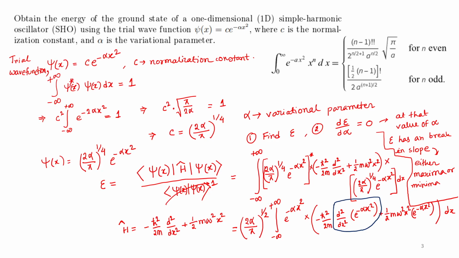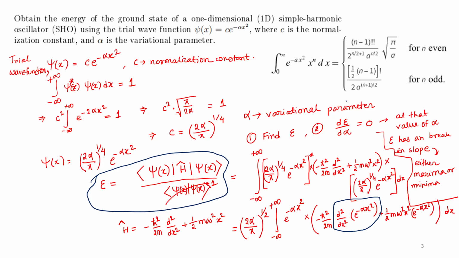So for that, you always need to find this energy. And the second part is, you change your variational parameters to see where the slope of this functional, or this calculated value of energy, comes to be zero.